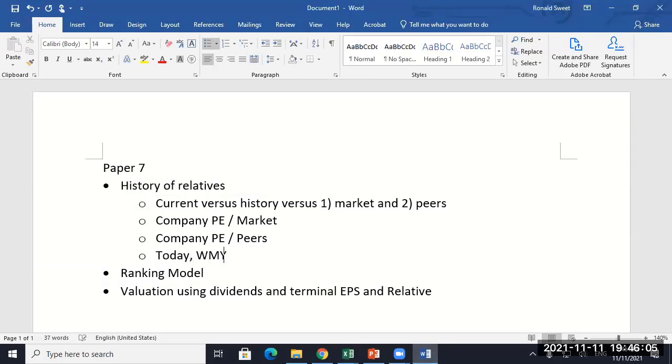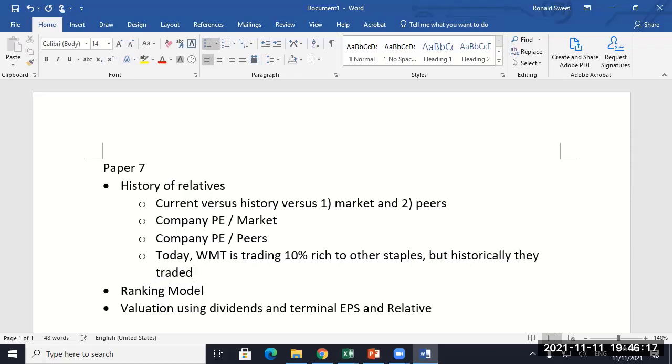So today, Walmart is trading 10% rich to other staples, but historically traded 19% rich. So they are today 9% cheap.